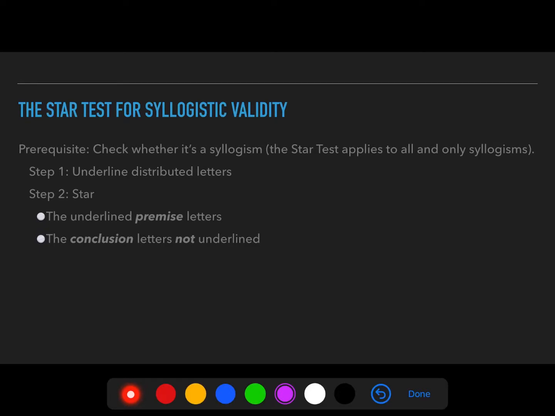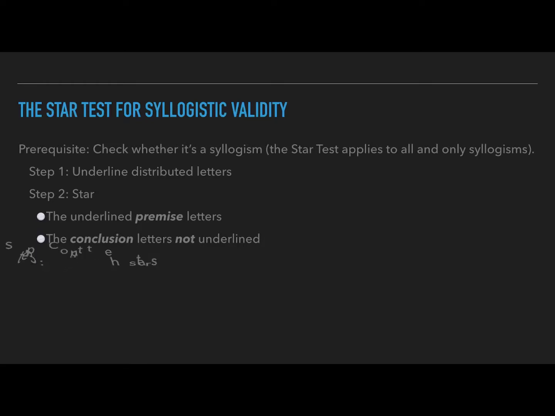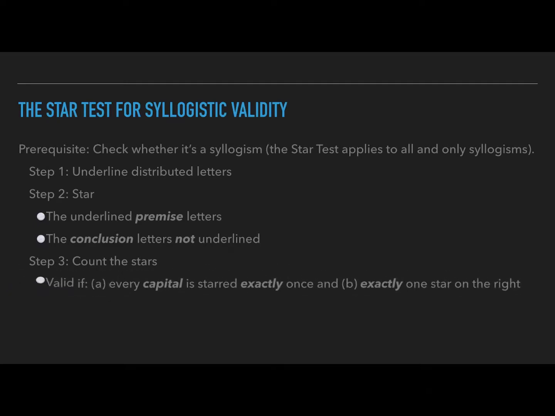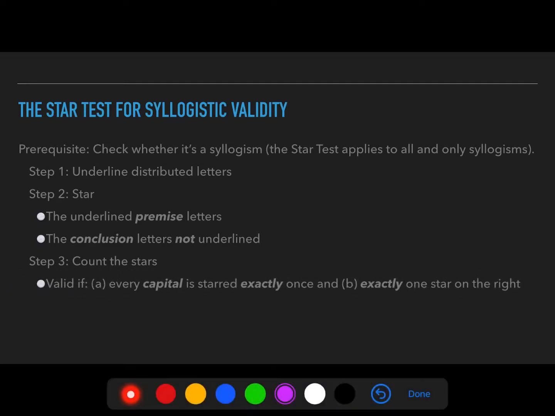You star the conclusion letters that are not underlined. So you do the opposite for conclusions. For premise letters, you star the underlined, the distributed letters, in other words. But for the conclusion letters, you star the ones that are not underlined, the ones that are not distributed. And then you just count the stars. So here's the rule. Once you've starred everything properly, you can just read off of it whether or not the syllogism is valid or not.